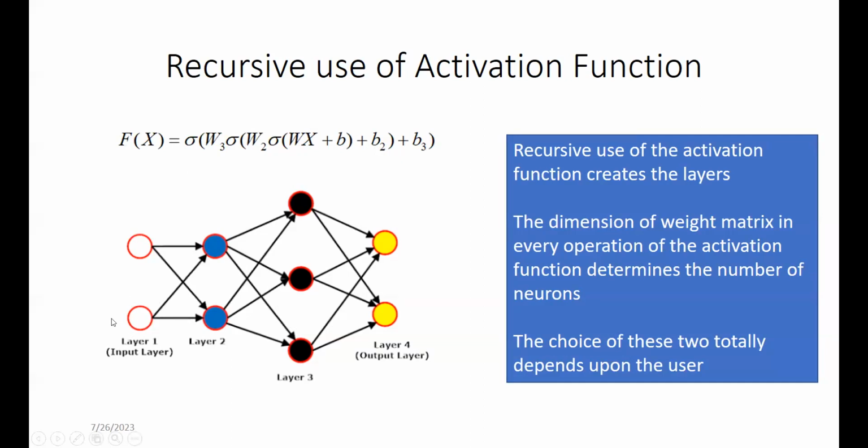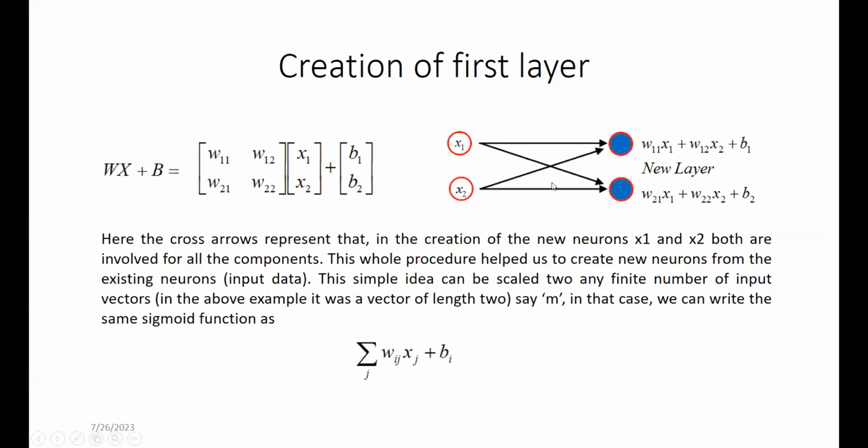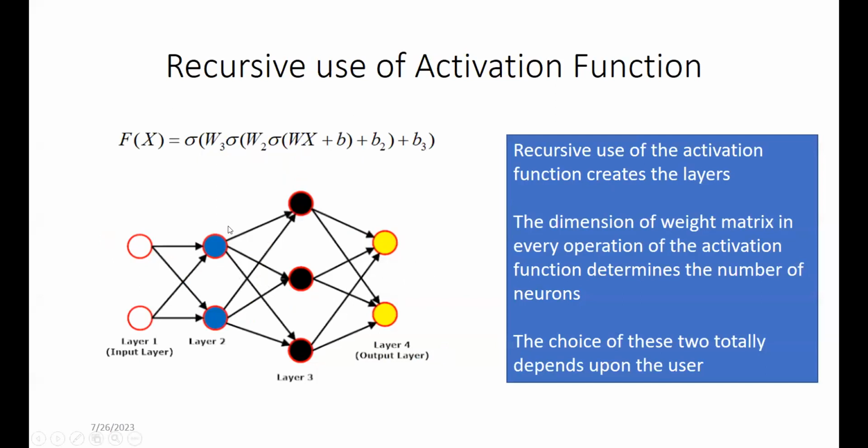Input layer means the input data, which we are using directly from the available data. We passed it to Wx plus b, so we got other values. This is the same structure I showed you here. Once it is here, it will be passed into the sigmoid function, which is the activation function we are using right now.